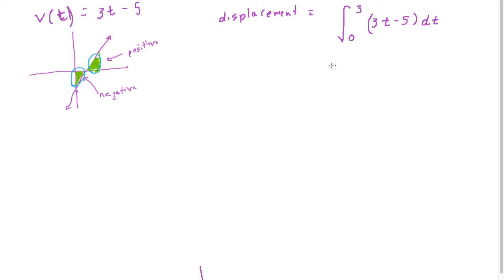In this case, because it's just 3t minus 5, I'll set it up by hand using the reverse power rule, and then I'll go ahead and calculate it using my calculator to save a little time here. So we know when we integrate this, we'll use the reverse power rule. That's 3t squared over 2 minus 5t. And we're going to evaluate that from 0 to 3, which means we'll plug in 3.